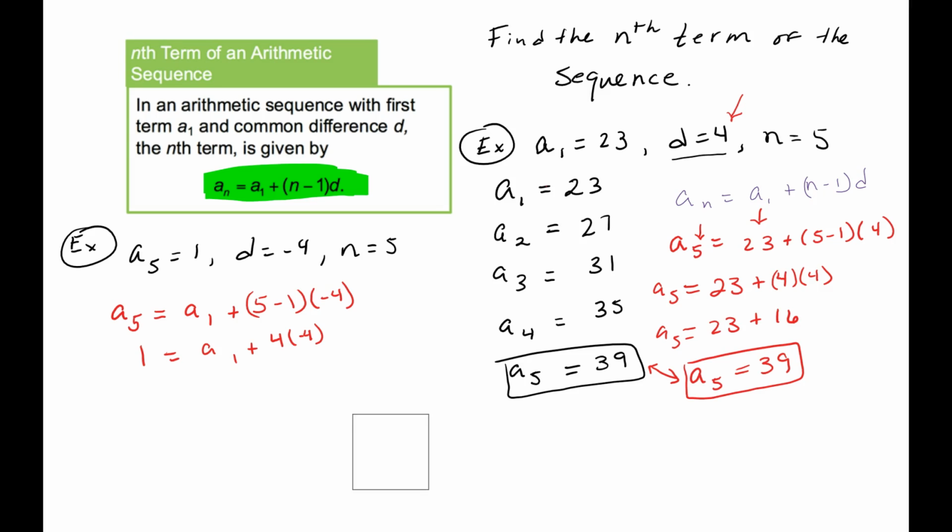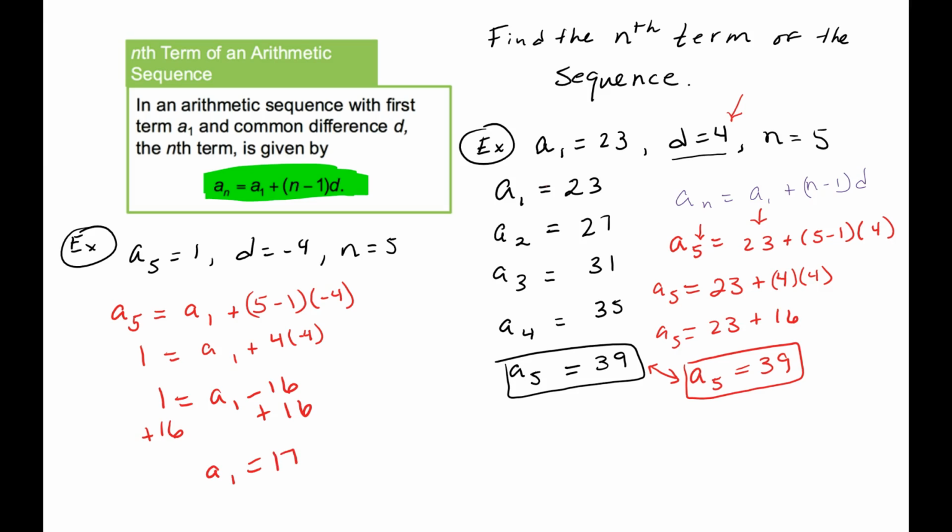So then what we could do is say, okay, 1 equals a sub 1 minus 16. So a sub 1, to solve for that, we would add 16 to both sides. A sub 1 equals 17.